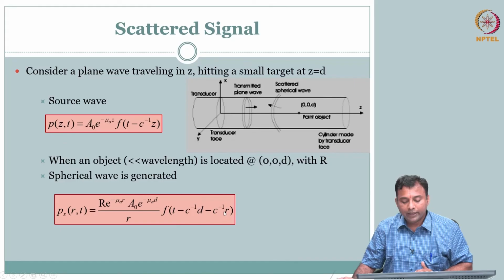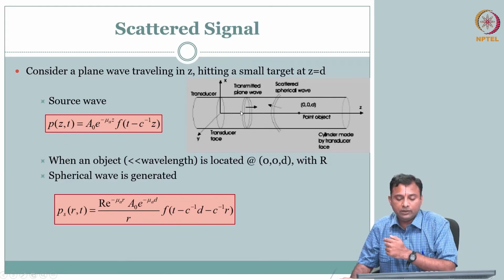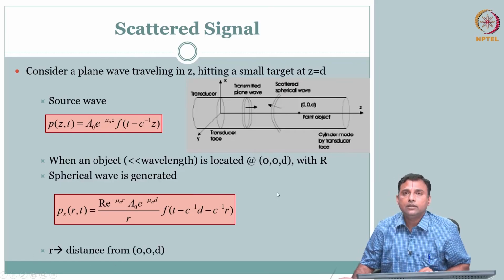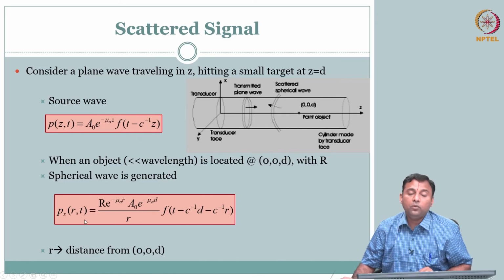It has gone in one direction and is coming in the other direction, going towards D. Your small r is nothing but the distance from this point 0, 0, D. This acts as your source now. So, now this is what you are going to capture.